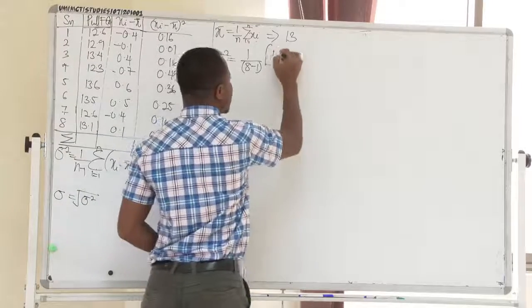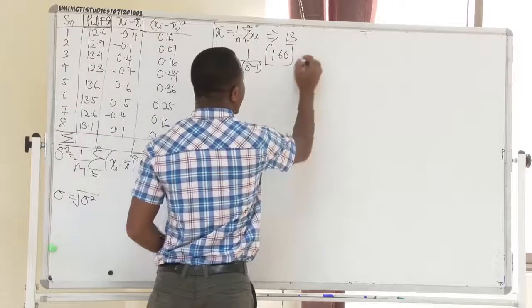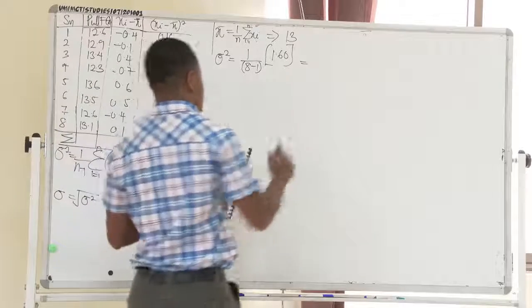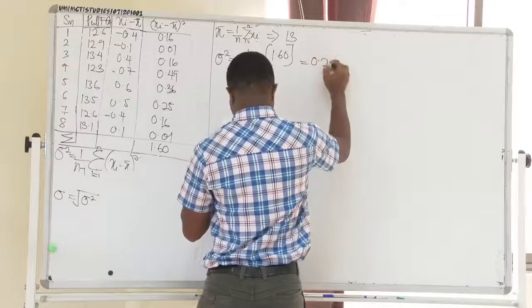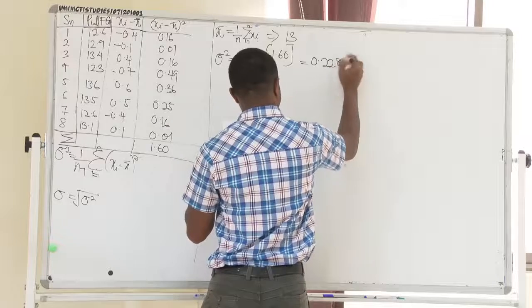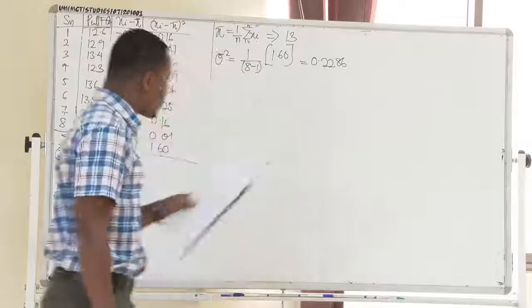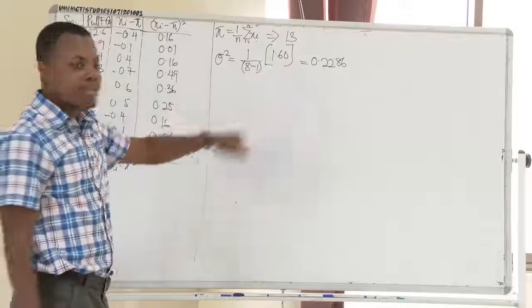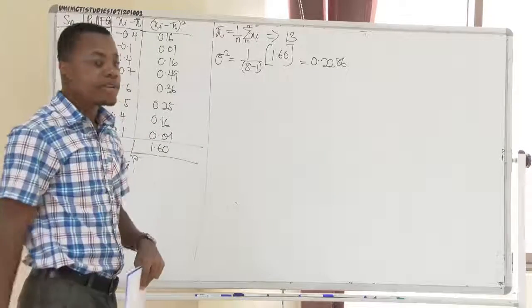Once we estimate all this, we get a variance of 0.2286.